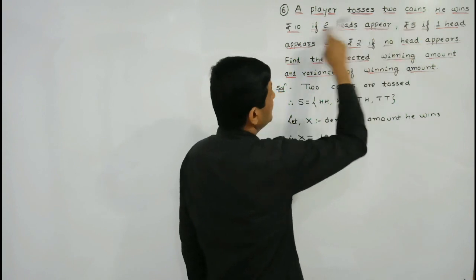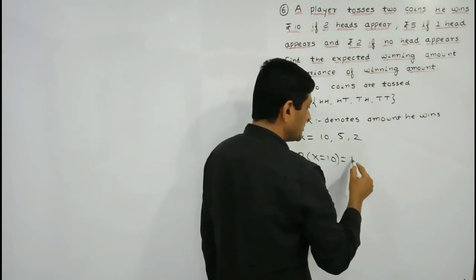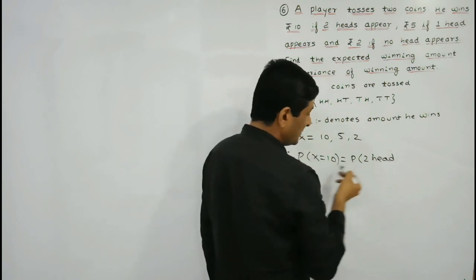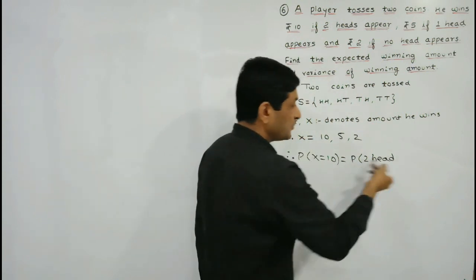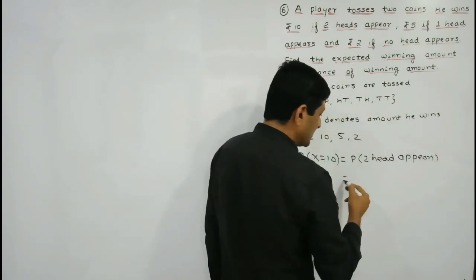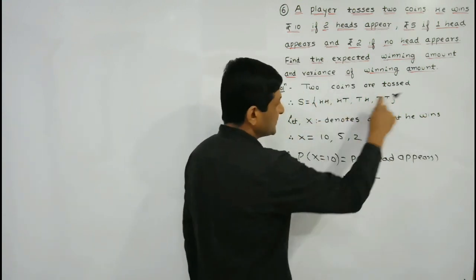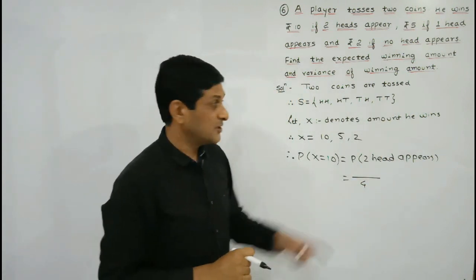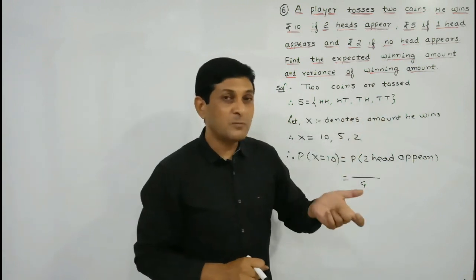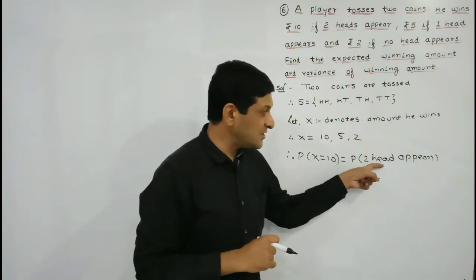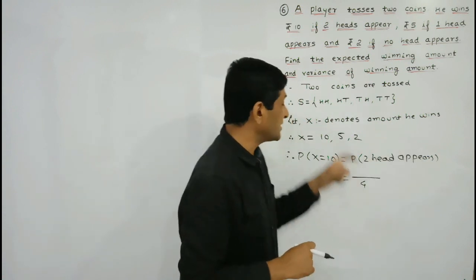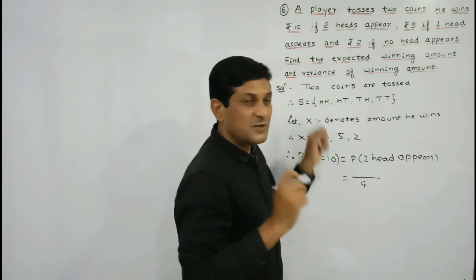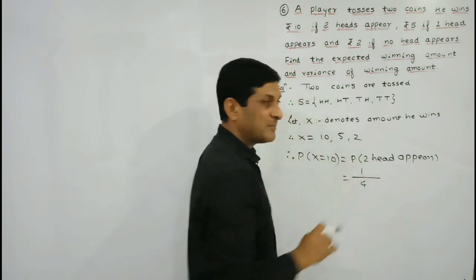If 2 heads appear, he wins rupees 10, so it is the probability that 2 heads appear. Now total outcomes are 4. Out of these total outcomes, check when the condition that 2 heads appear is satisfied. It is satisfied by only one element, so we can say that its probability is 1 by 4.